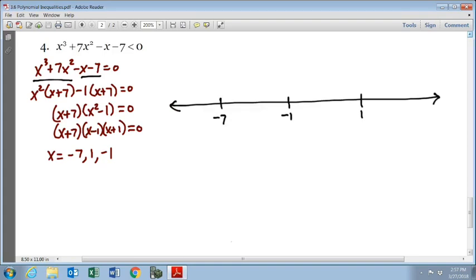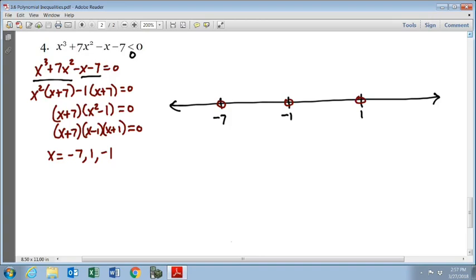And the other thing here is notice we want to know when this polynomial is less than 0. There's no equal sign. So the values that make us equal, our critical values, are not going to be included in our solution. So we're going to use open circles on those points.